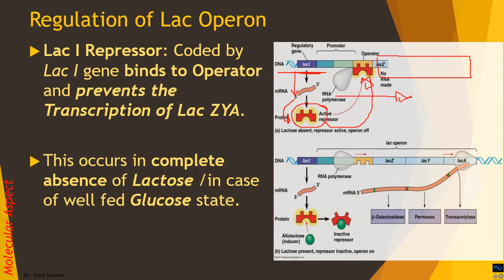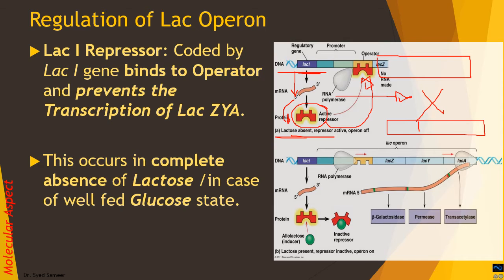So when the repressor is bound to the operator, the RNA polymerase will not be able to move from the promoter region and will not be able to express the structural Z, Y, A genes, and hence the three different proteins will not be expressed. When does this happen? It happens when lactose is totally absent in the environment, which in turn also means that glucose is present.